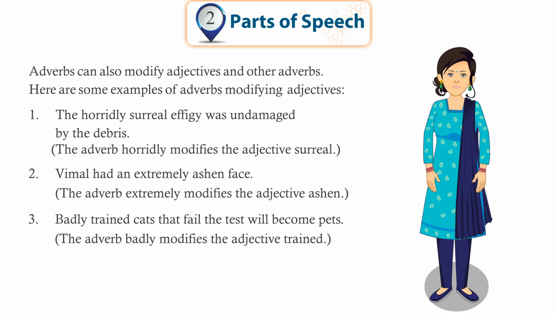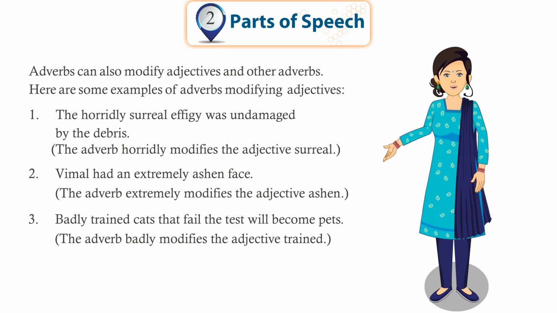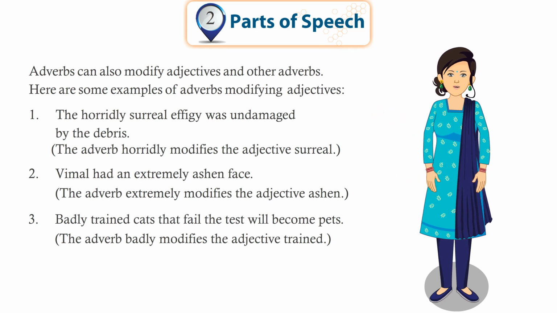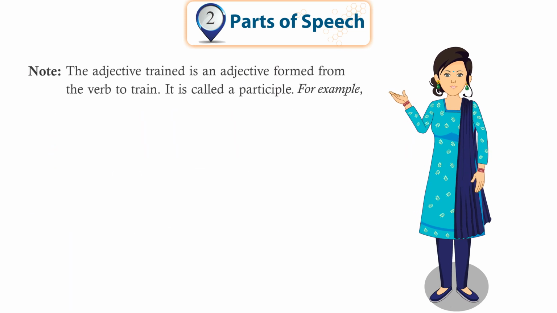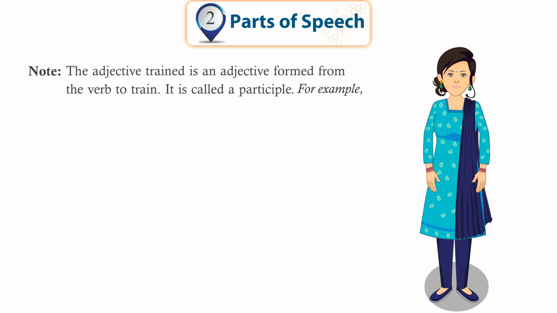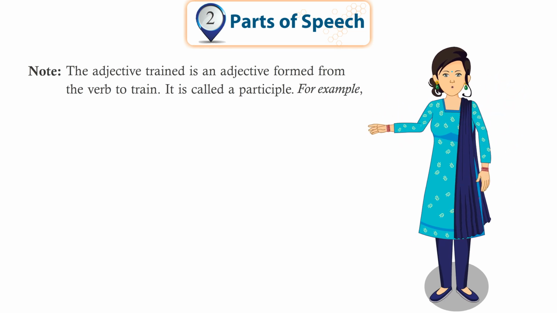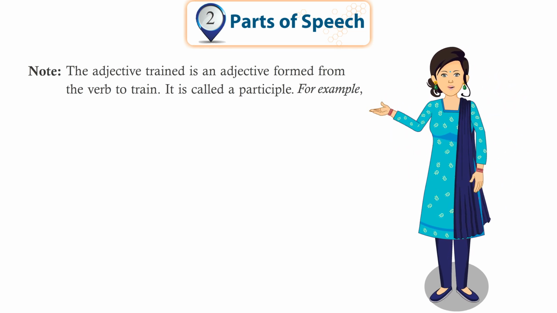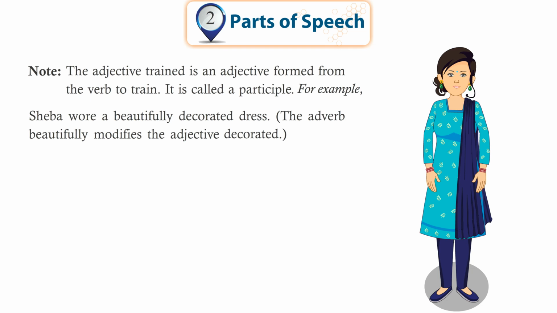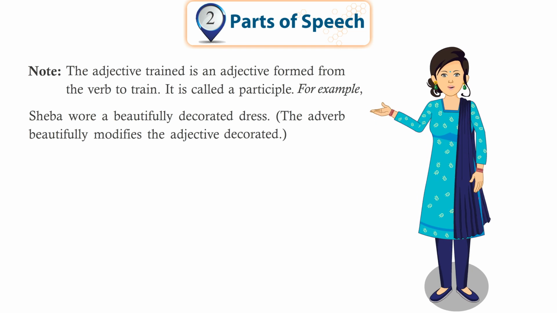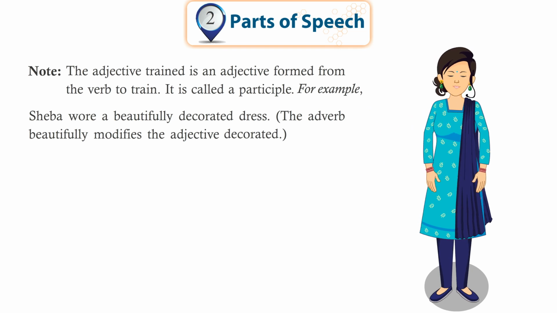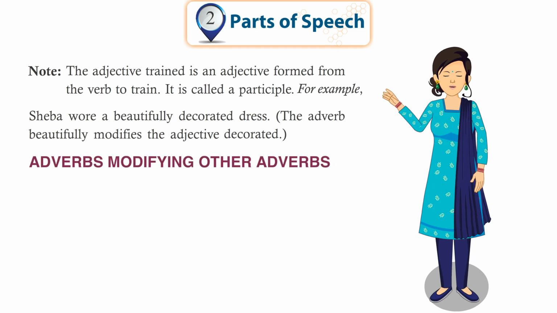Badly trained cats that fail the test will become pets. The adverb badly modifies the adjective trained. Note, the adjective trained is an adjective formed from the verb to train. It is called a participle. For example, Sheba wore a beautifully decorated dress. The adverb beautifully modifies the adjective decorated.